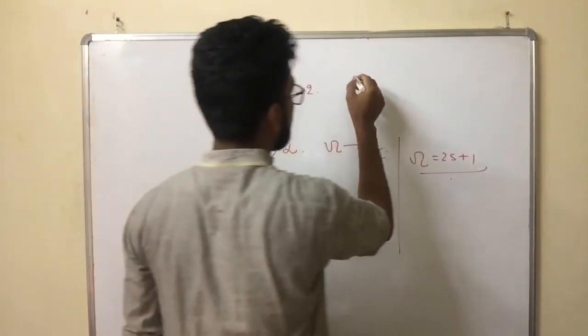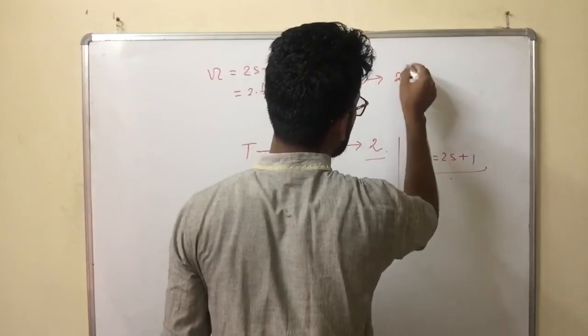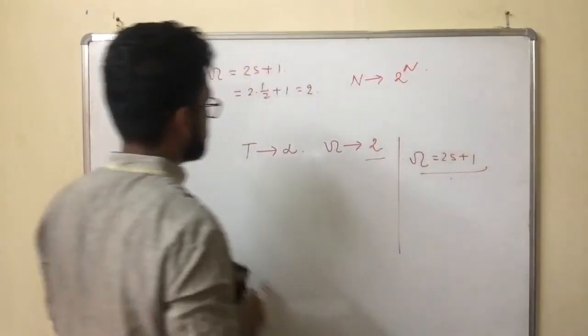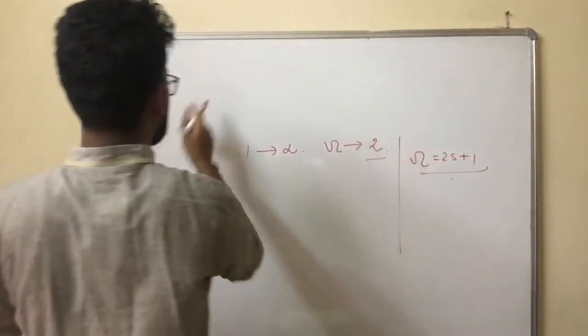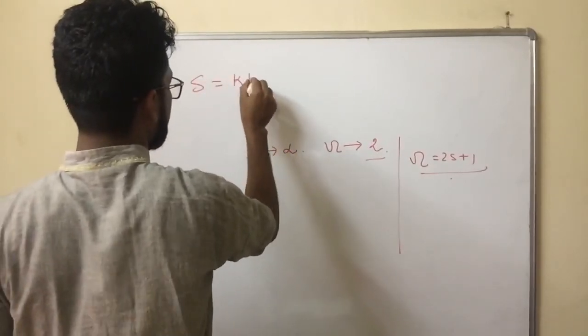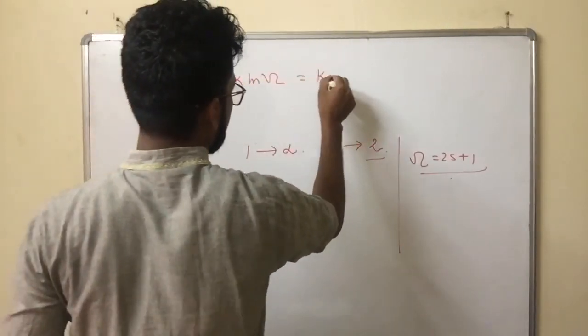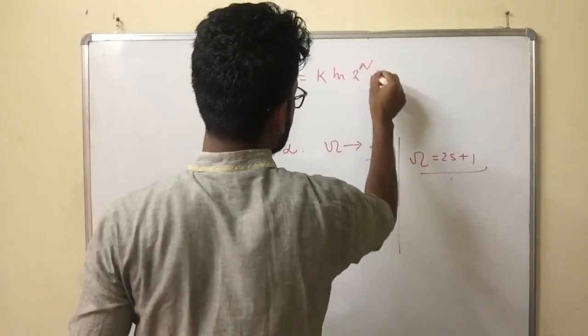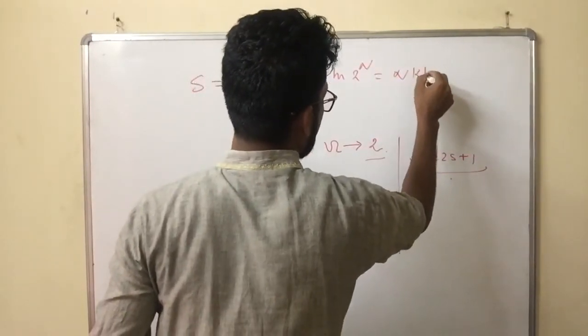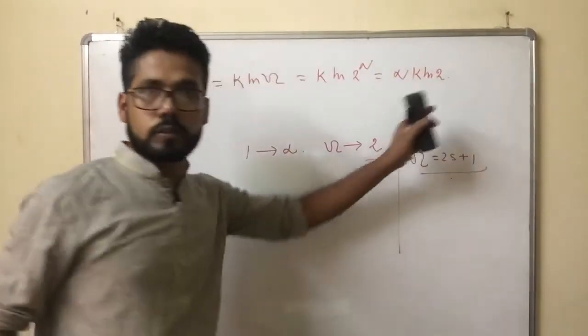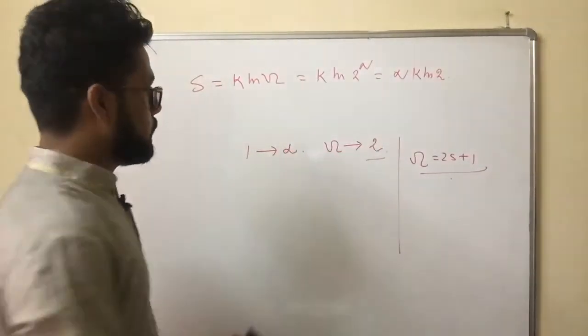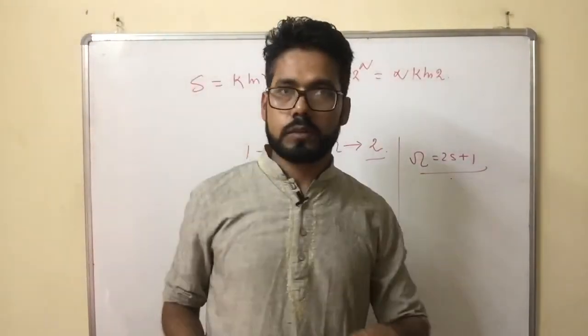For n particles, the number of microstates will be 2 to the power n. So the entropy is k ln omega, which is k ln 2 to the power n, equal to nk ln 2. This question often comes in the GATE exam. But suppose the particle is not a spin half particle.